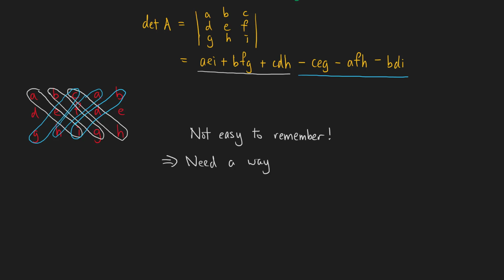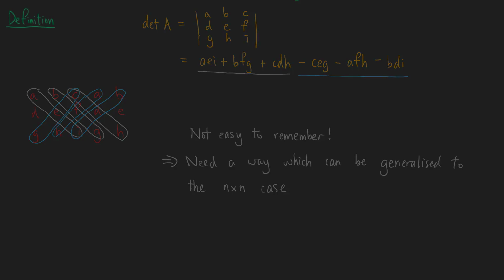Also, this is hard to generalize to determinants of matrices of larger sizes. In fact, there is another way to remember the determinants of matrices, which can be easily generalized to matrices of larger sizes. For this, we introduce two definitions. Let A be a square matrix.